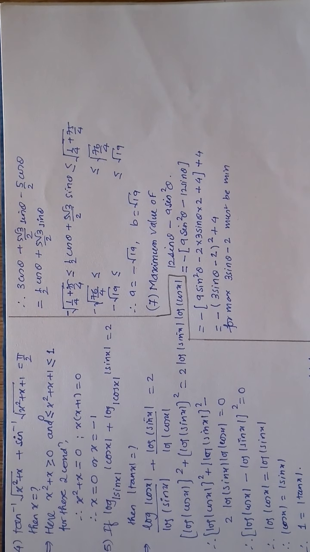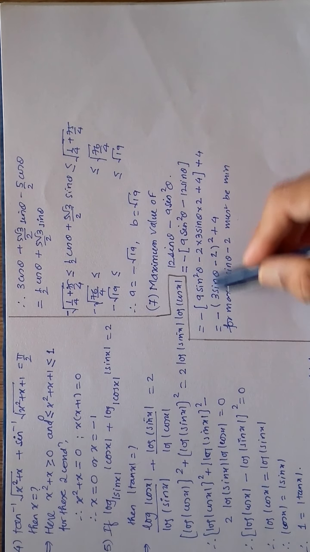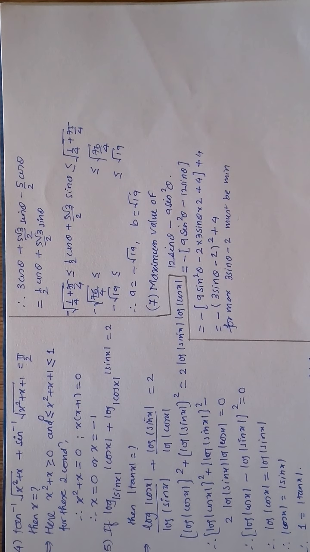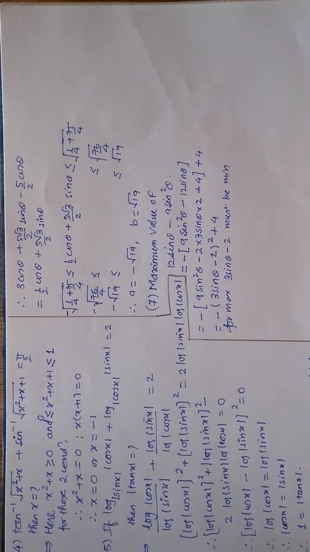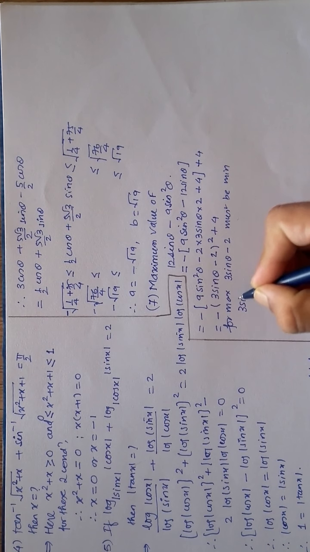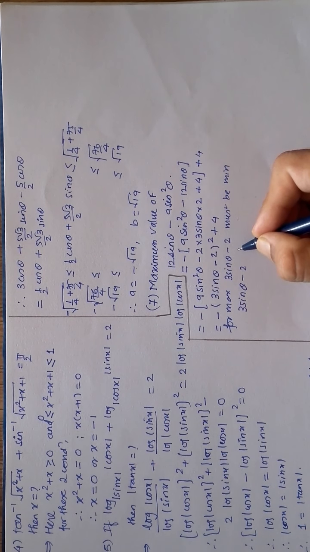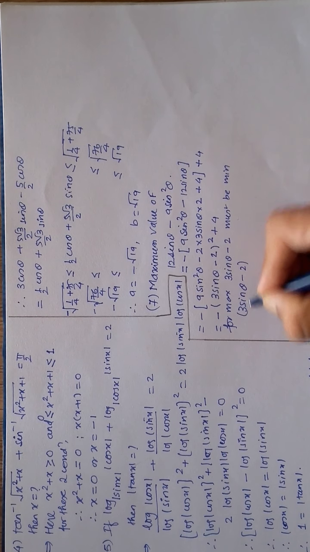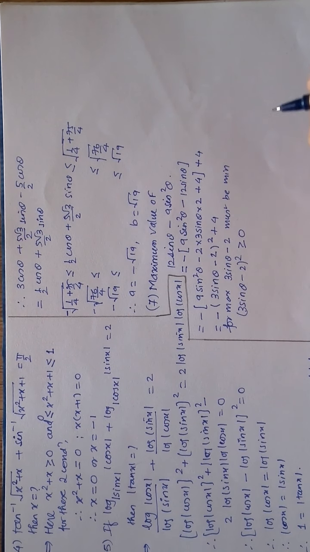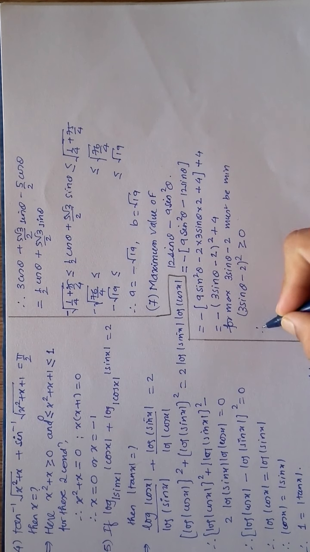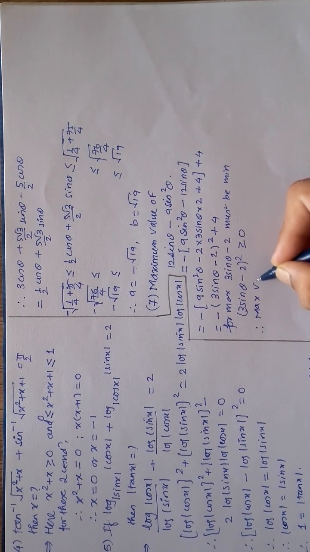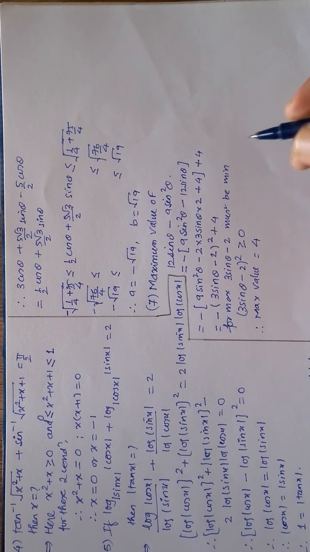Obviously this is always positive because it is a whole square, so it is always greater than or equal to 0. If you select the minimum value to be 0, you will get the maximum value of the given expression. Therefore the maximum value of the expression is 4. It will never cross 4.